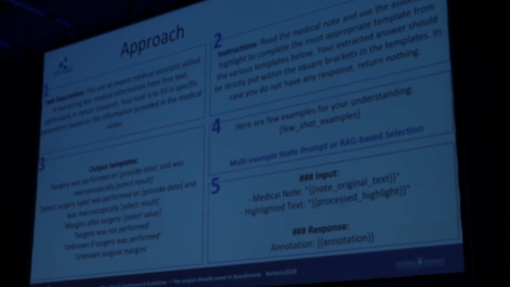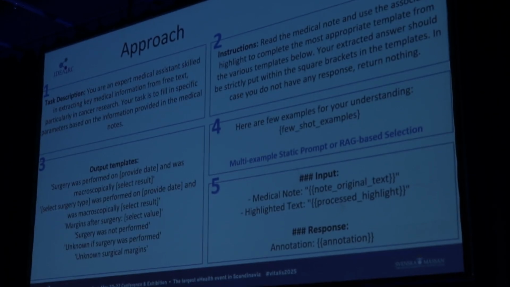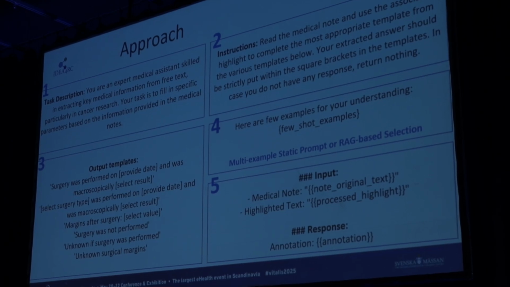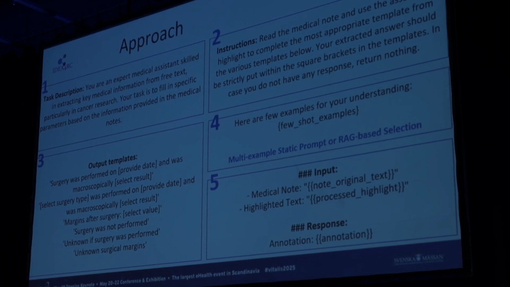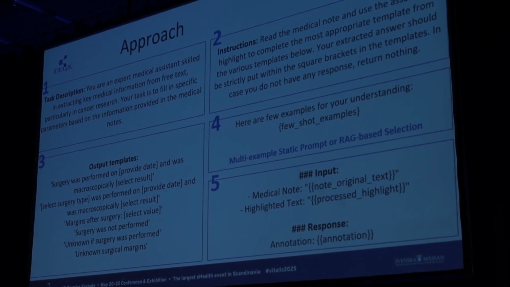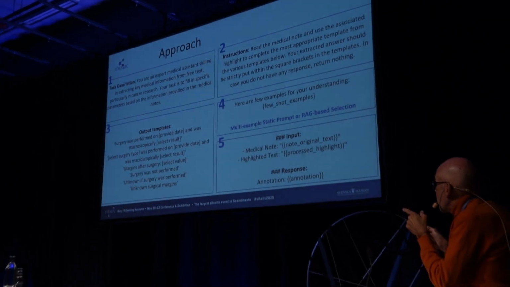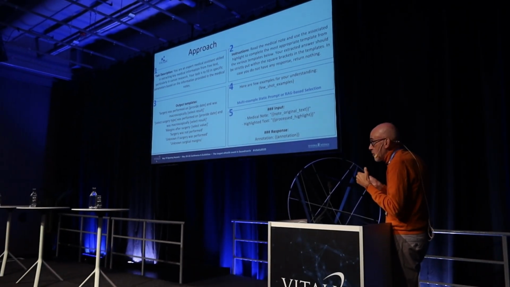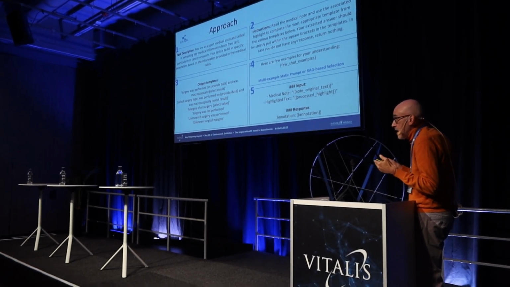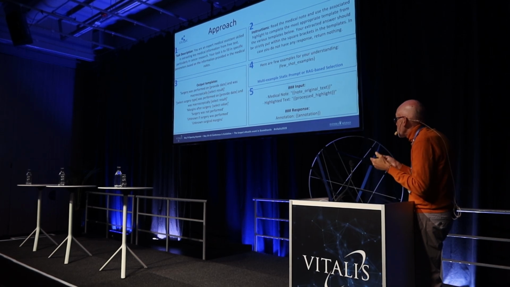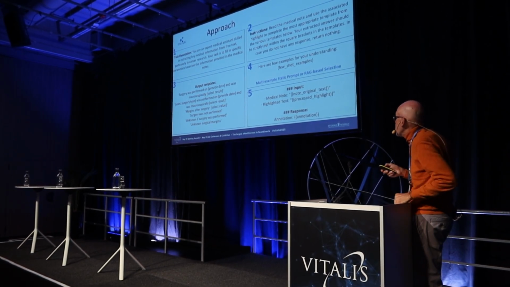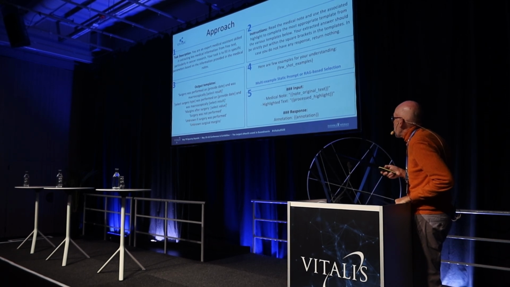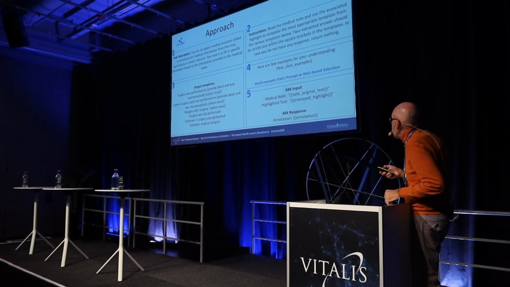The second part is the instruction, where in more detail we specify what we ask the large language models to do. The third point is the definition of the output that the large language models have to produce so that it can be exploited by the later stages.